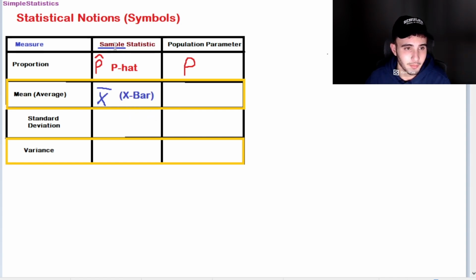And this is for a sample, once again. And for the population, the mean is denoted as mu. It's a bit of a tricky symbol to draw sometimes, but it's denoted as mu, pronounced like mu.